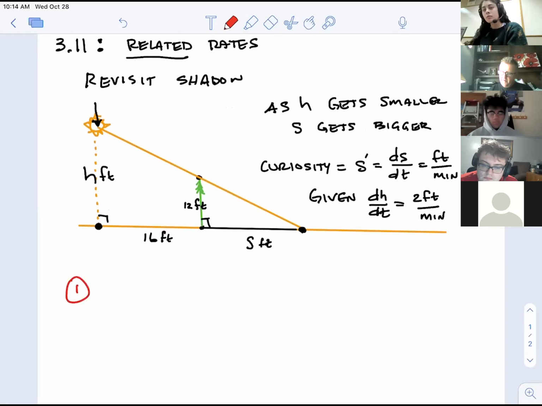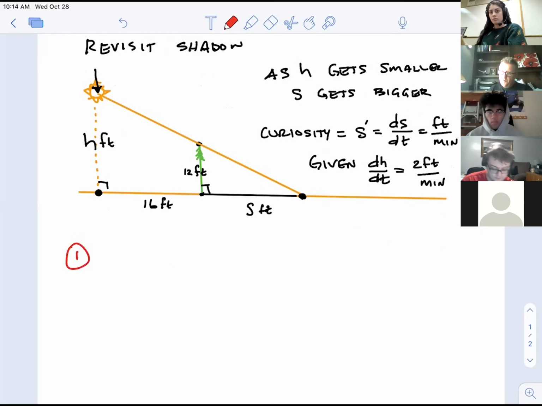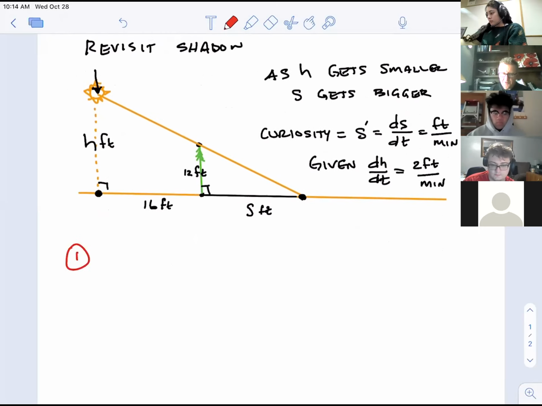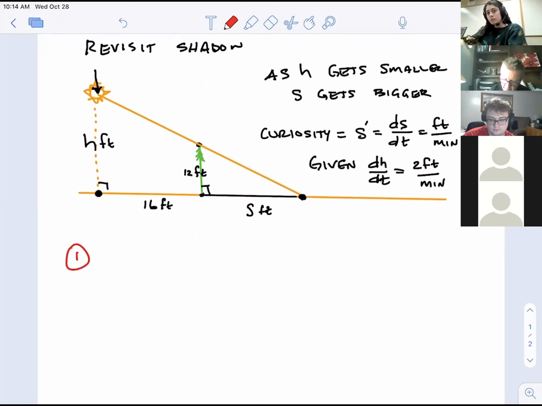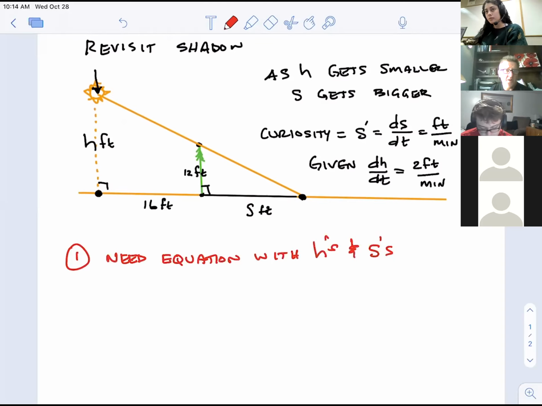First, if we want to know something about how S is changing and H is changing, does it make sense that we need an equation with H's and S's? We need some equation that's got H's and S's in it. We got to write our own equation. And that's what's going to be hard. And people do find this hard. That's what's going to be hard about this section, is you got to write your own equation.